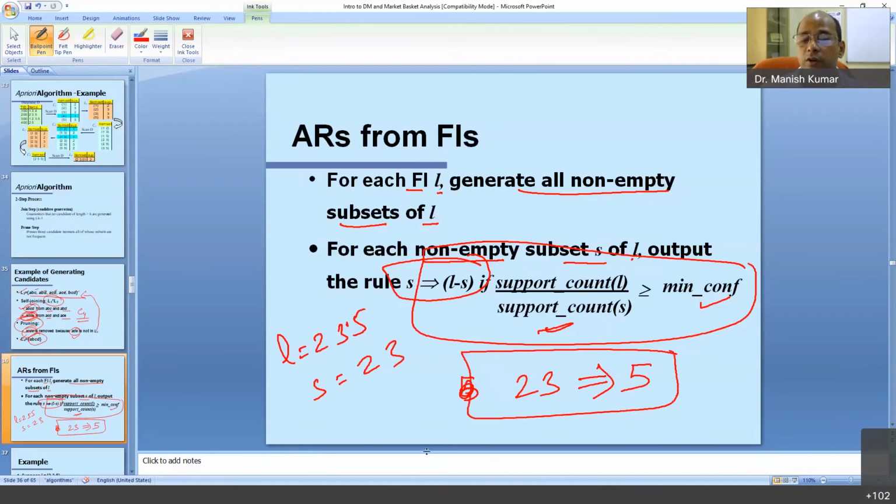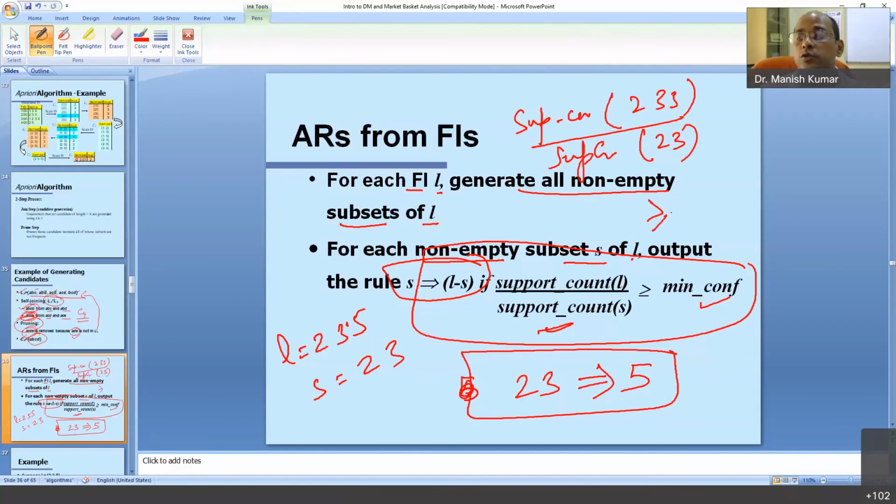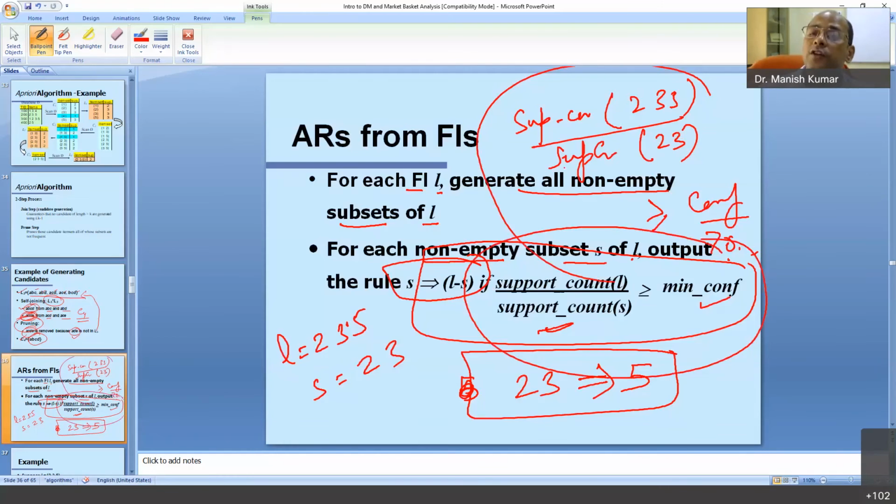So how is it decided? I can always compute the support count of 2, 3, 5 divided by the support count of S, which is 2, 3, and this must be greater than the confidence threshold. Say it could be 70% or something like that. Once this condition holds, the association is accepted, otherwise rejected.